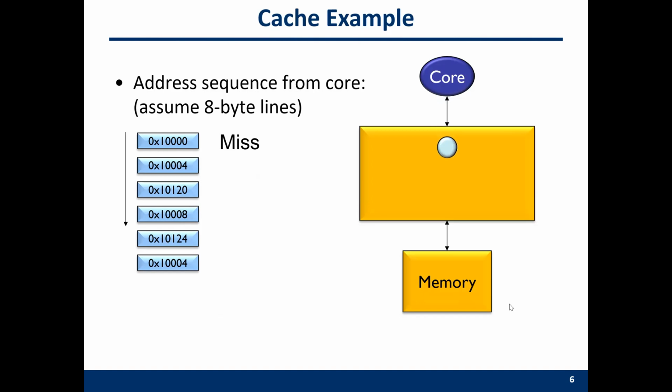When we first issue the first request, of course, it will have a miss. Why? Because you have an empty cache, or called cold cache. And then you fetch the first line from the memory to the cache.